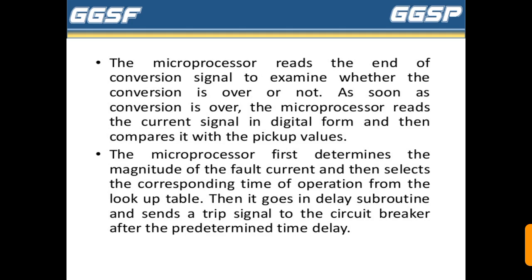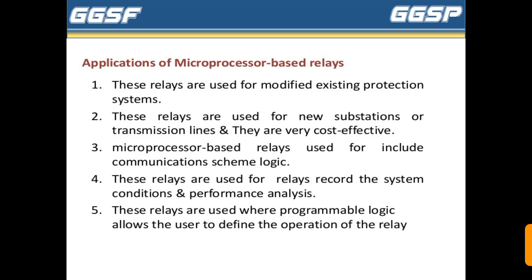The microprocessor first determines the magnitude of the fault current and then selects the corresponding time of operation from the lookup table. Then it goes into delay subroutine and sends a trip signal to the circuit breaker after the predetermined time delay.